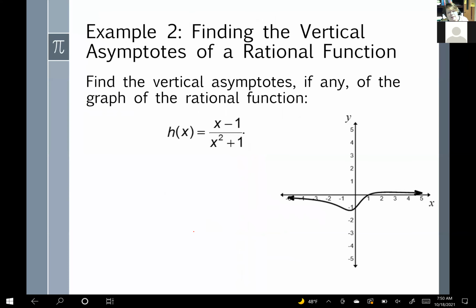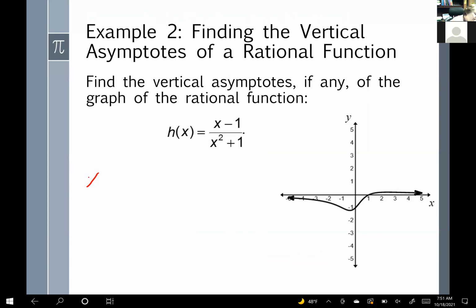Okay, and this particular function doesn't have vertical asymptotes because there is no real number that will satisfy the equation that sets the denominator to zero. The denominator is not factorable over real numbers.